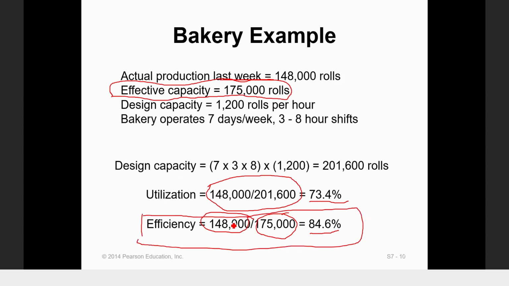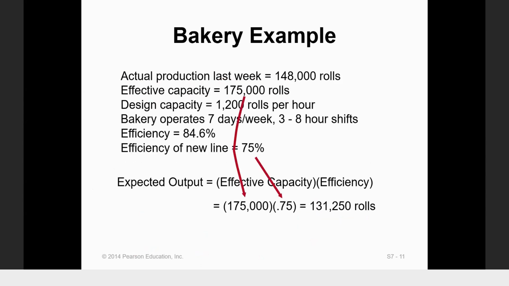So actual output divided by effective capacity, you can get the efficiency. If you want to know the expected actual output, we can find the effective capacity and multiply by efficiency.